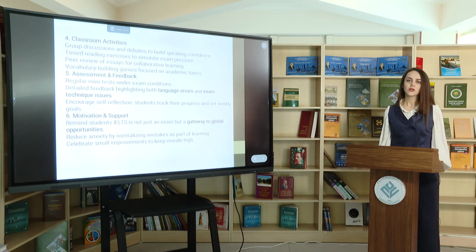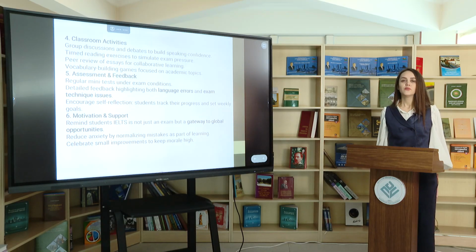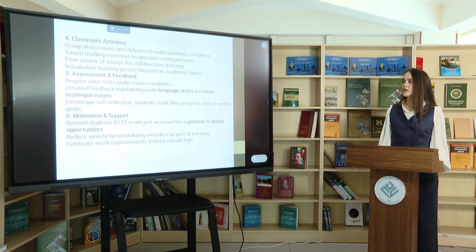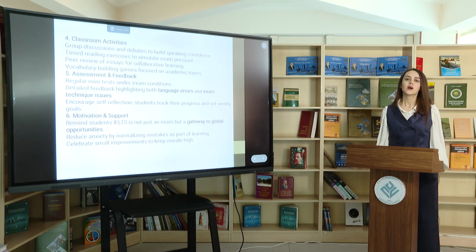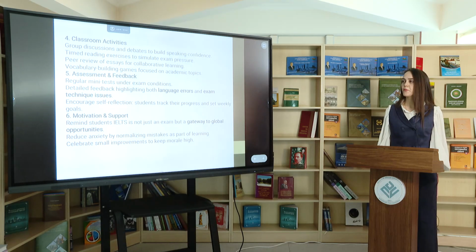For example, group discussions, role plays, then vocabulary building are very essential for IELTS. Then when it comes to assessment and feedback, instructors are able to prepare mini tests to measure their students' level.